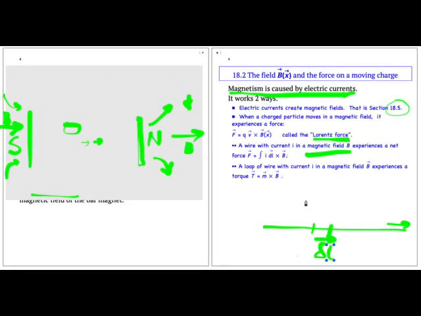A piece of metal wire, there are many moving electrons. They're actually moving in the opposite direction from the current because electrons are negatively charged. But I can think of many little charges moving in the wire. That's the current I, which we studied last week.